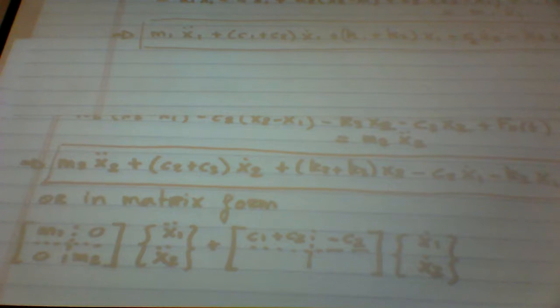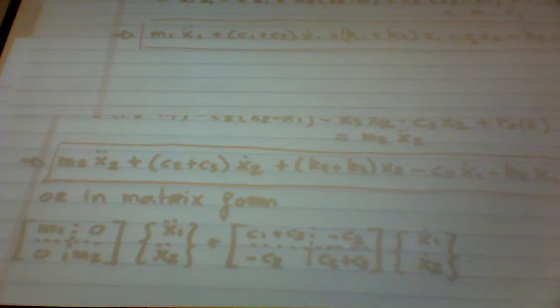You need to look at the equation, which is this one here, so negative C2. Now if you look at the other one, you're going to have negative C2, and then C2 plus C3.